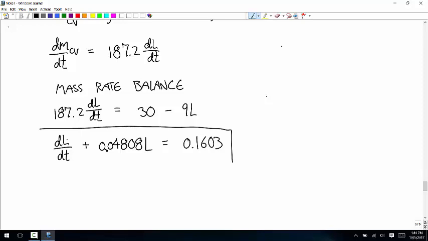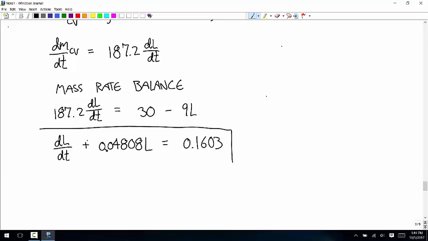Who's taken or is taking differential equations right now? Okay, so how many boundary conditions do we need to solve this differential equation? Okay, well, what did you learn yesterday? Okay, well, we just need one because we have one equation.